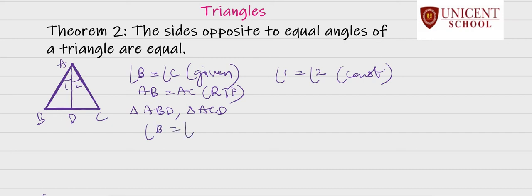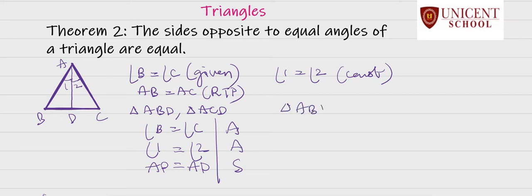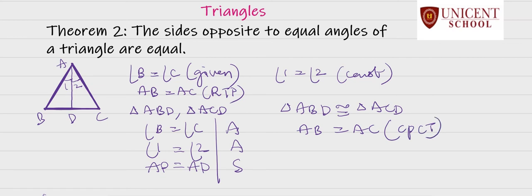I have angle B equals angle C, angle 1 equals angle 2, and AD is common. Therefore, according to the AAS congruency rule, which we have studied in part 1, triangle ABD is congruent to triangle ACD. If the two triangles are congruent, we can say that AB equals AC based on congruent parts of congruent triangles.